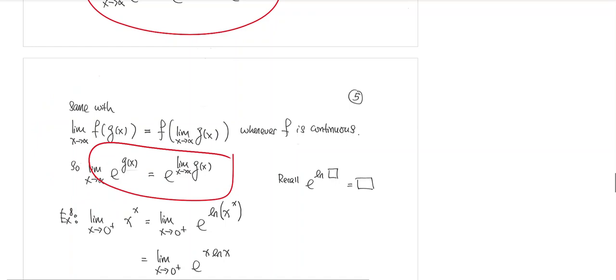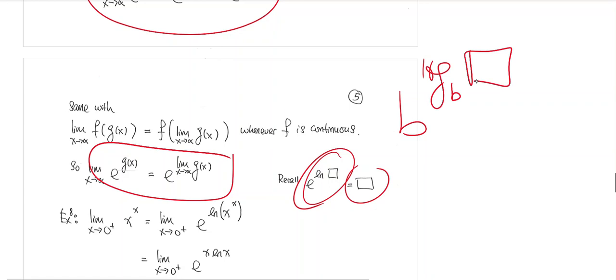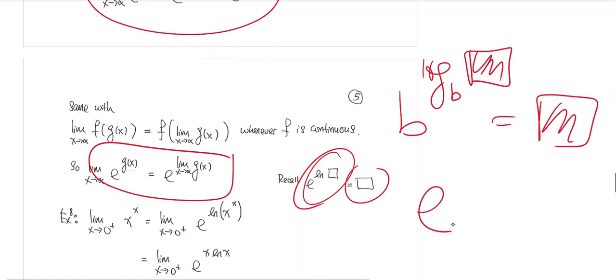Another thing that I want to remind you is that the exponential function and the log function are inverses of each other. We talked about that before. That's the reason why you also have this relationship, which means e to the log. Remember the slightly more general one: you have a base b, and then you have log base b of that thing. That thing will equal this, which means if you take b equal to e, then this is the natural log, and this will be this.